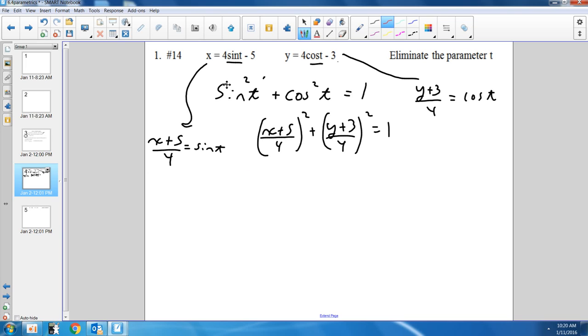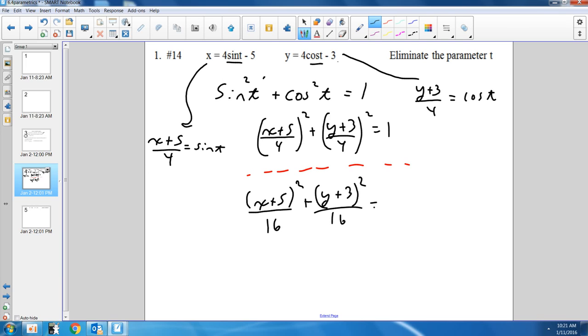But just so you know, if you were to continue this, you'd get (x plus 5) squared over 16 plus (y plus 5) squared over 16 equals 1. And if I multiplied both sides by 16, what I really get is this form of this particular equation.